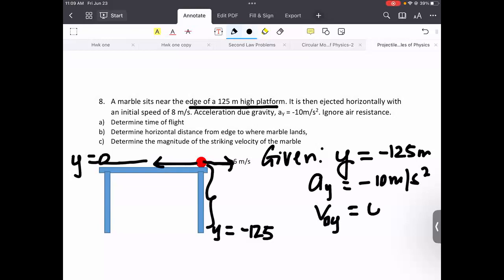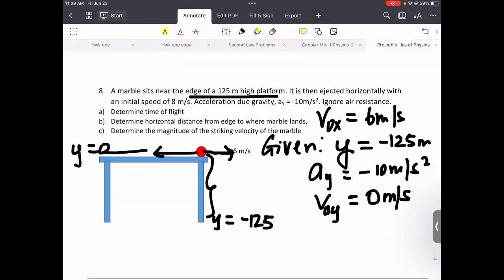There's no velocity in the Y direction initially. So we are given all those variables in the Y direction. And of course, we are also given V naught X as 8 meters per second. It's always important to say what am I given.